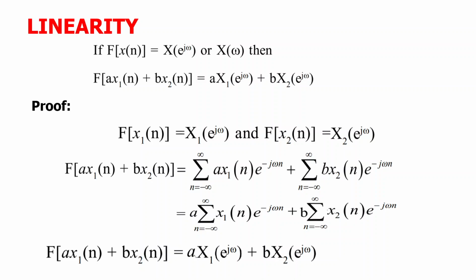So we can split the operation and take the constants outside of the summation, so that we will get a into x1 of e power j omega plus b into x2 of e power j omega. So this is the first and simple property of DTFT, that is linearity property.